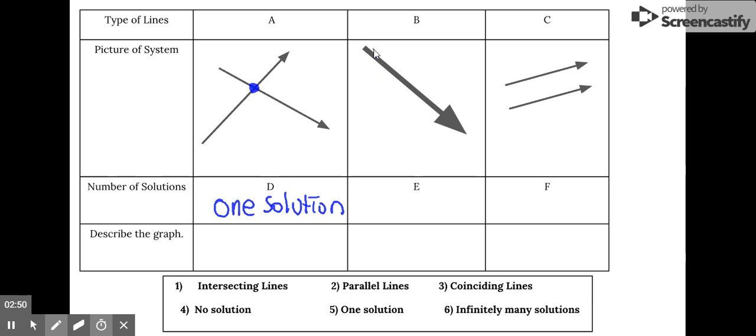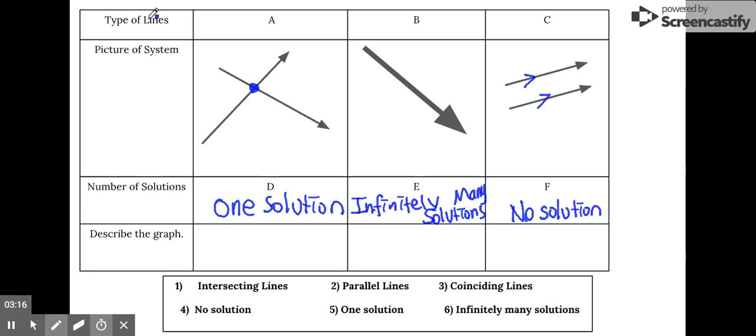And when two lines are exactly the same, then we have infinitely many solutions. And when they're parallel, they're never going to touch. They're never going to intersect. So it's going to be no solution.